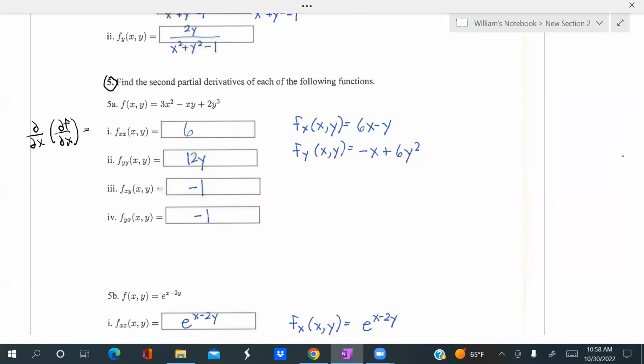First you compute the first partial with respect to x, and then differentiate that again with respect to x.